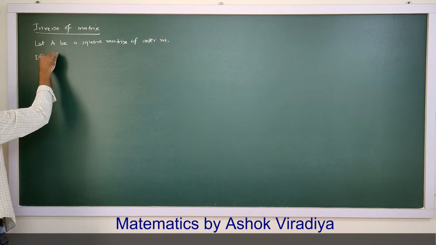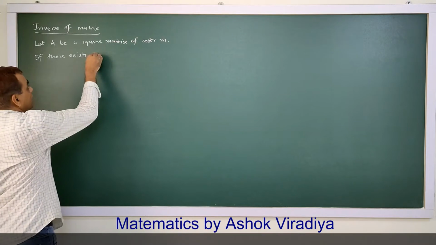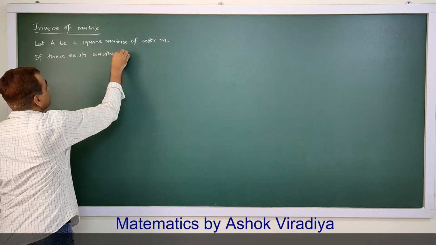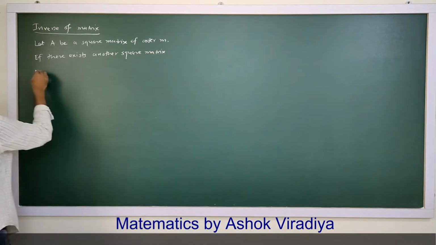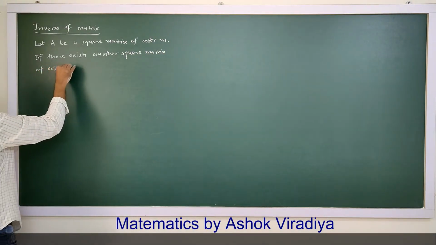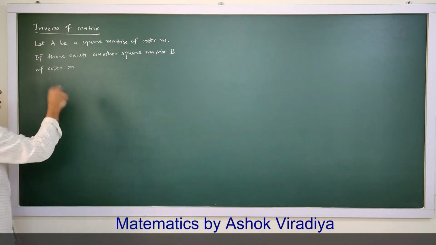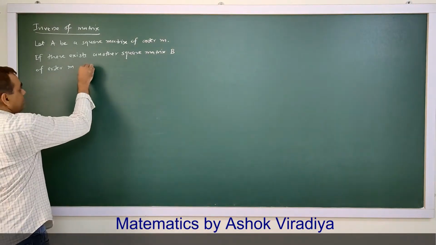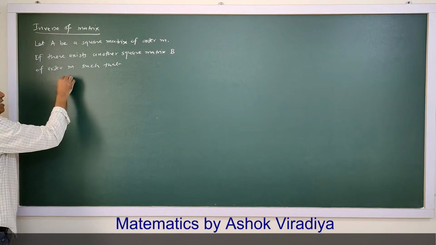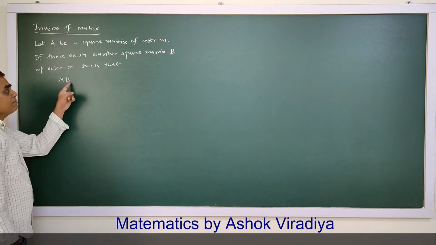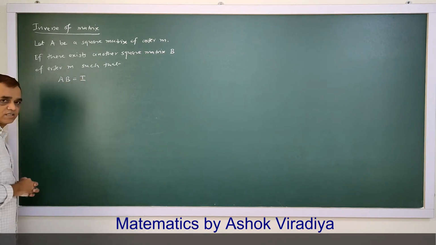If there exists another square matrix B of same order n, such that product A into B, multiplying B from right side, is identity matrix.